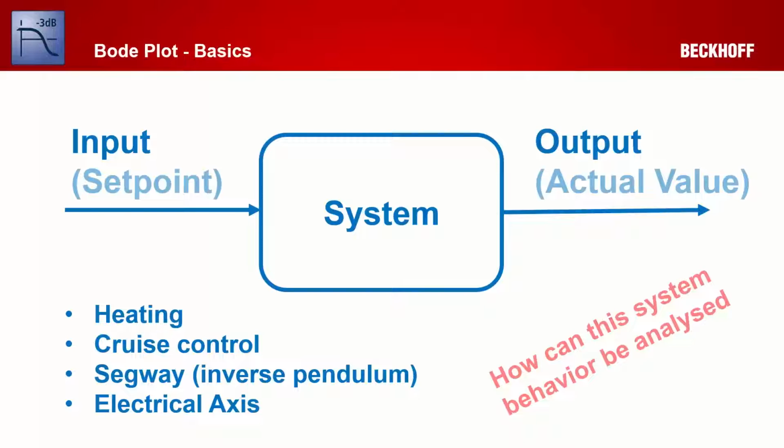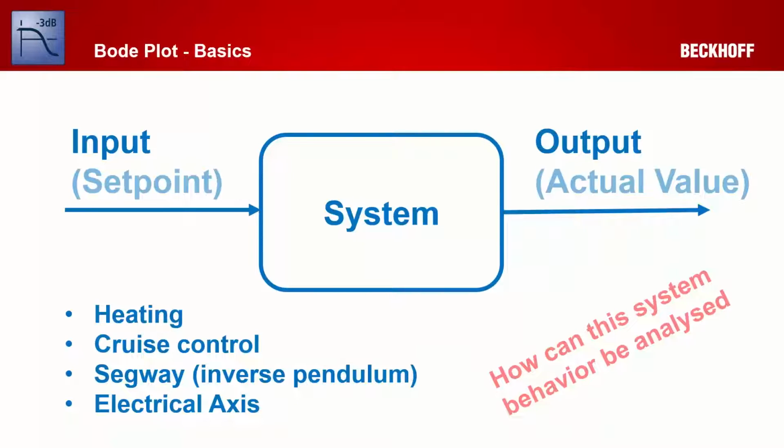We are starting with an overview of a system. The question is, how is the system reacting? You can imagine, for example, a heating, cruise control, or a segway. This is an inverse pendulum. All these technical systems have a behavior.